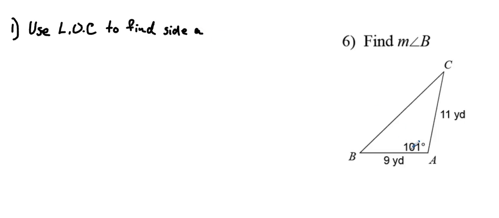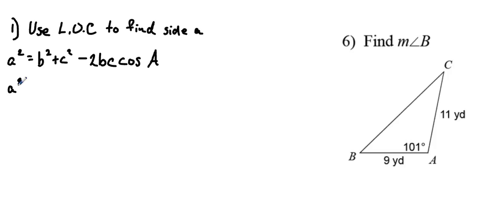Now, since we have angle A, we're going to use this version of the law of cosines. A squared equals B squared plus C squared minus 2BC cosine A. Let's go ahead and plug in.